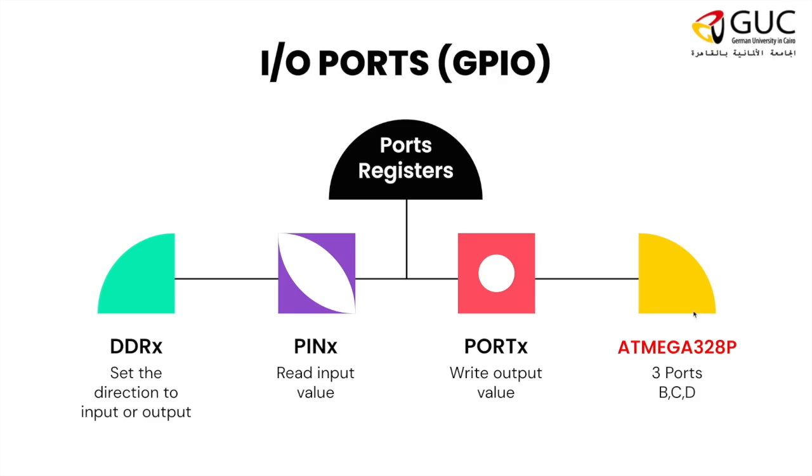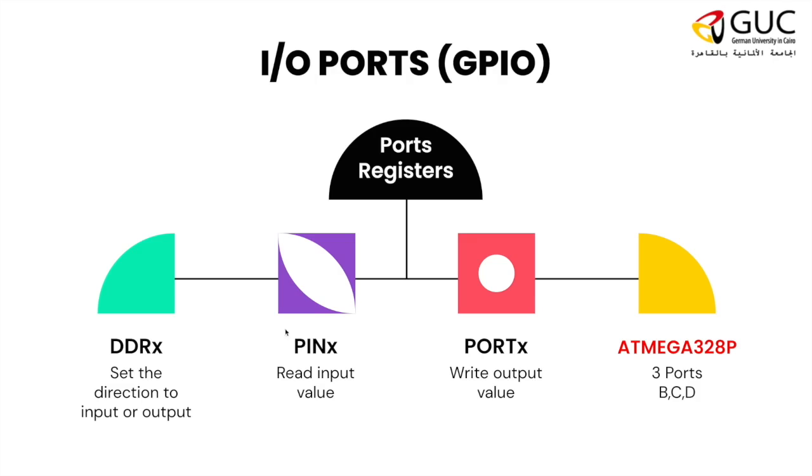However, in our Atmega 328P, we have three main port categories. We have port B, port C, and port D. Port B and D are 8-bit ports, while port C is a 7-bit port. And take care, each port has its own DDR register, pin register, and port register.